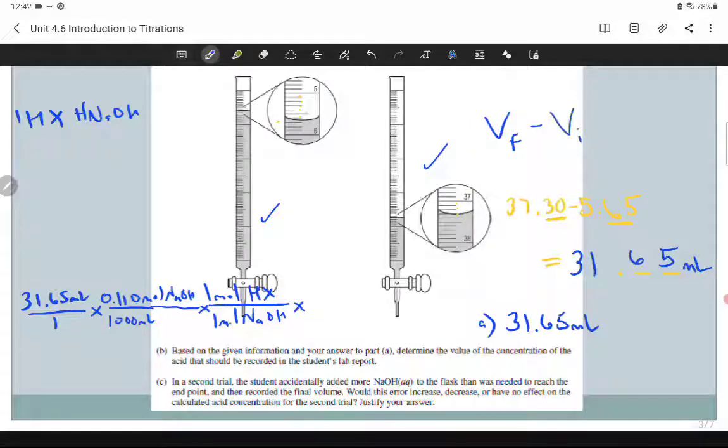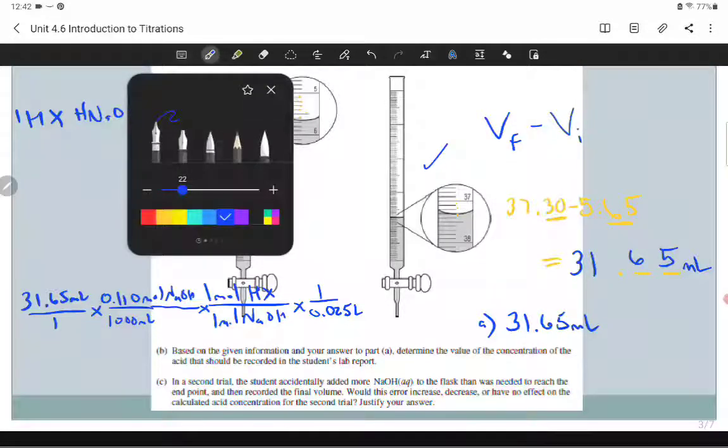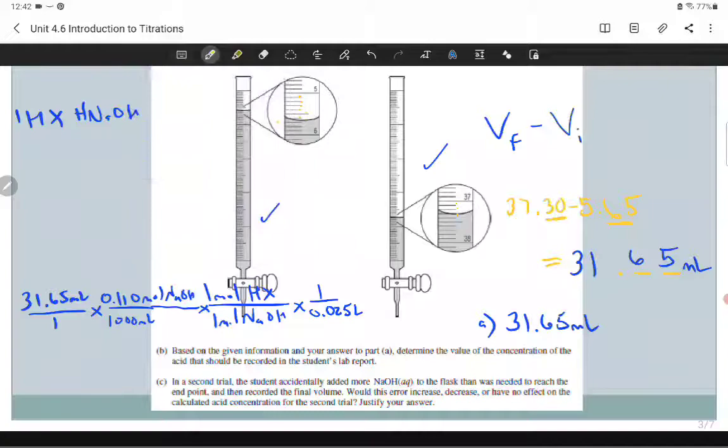And then we were told that we were given 25 milliliters of the acid. And I'm trying to turn that into liters because I want this to happen. Let's look at my units here that are canceling. The milliliters of base cancel, the moles of base cancel, and I'm going to be left with moles of acid divided by liters of solution.